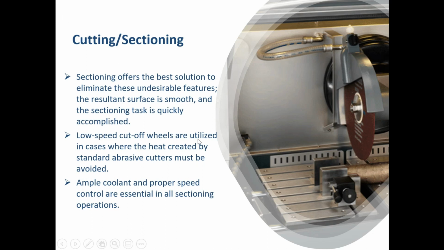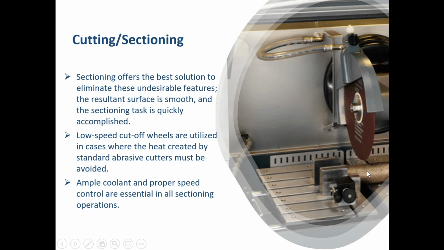Low speed cutoff wheels are utilized where the heat created by standard abrasive cutters must be avoided. This is an important task: if you are using a cutting wheel for cutting the material, as shown in the figure, and the cutting speed is increased, the heat produced between the workpiece and the cutter will be more, which may lead to heat treatment of that material, and once it is heat treated, the composition may change.